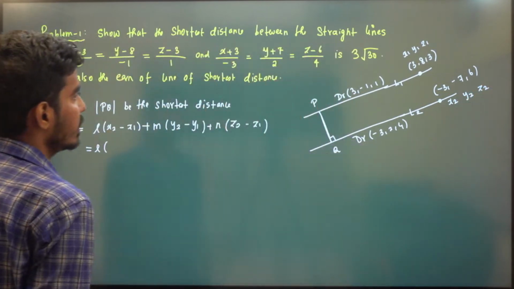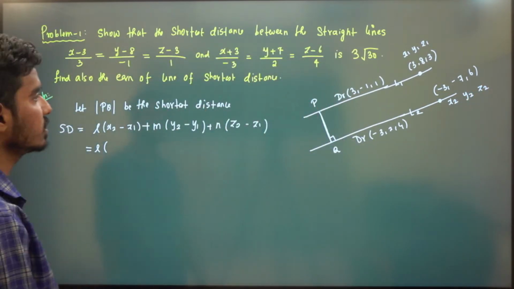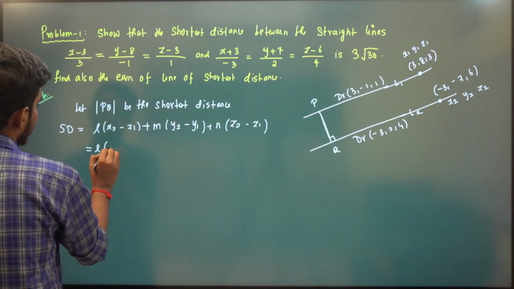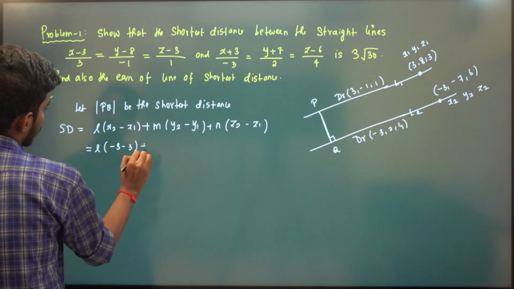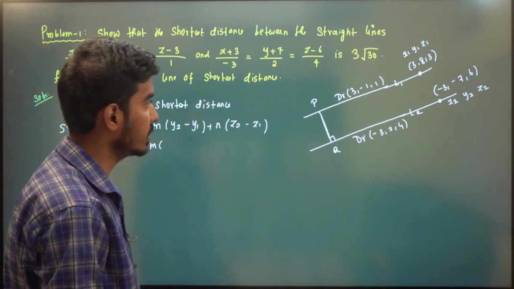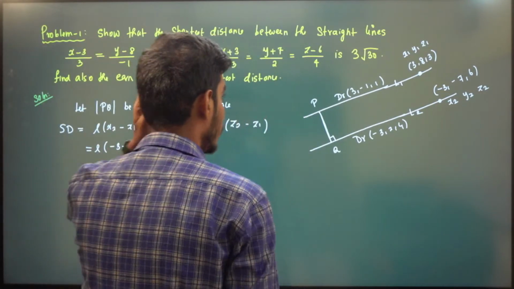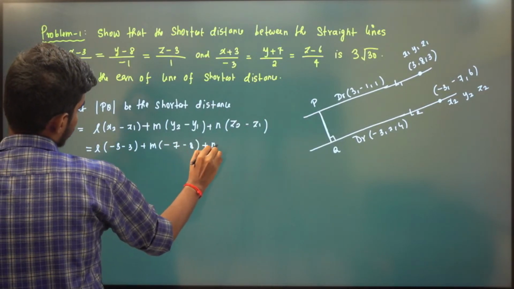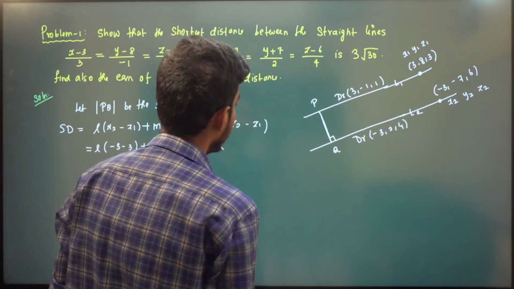So what about x2 minus x1, y2 minus y1, z2 minus z1? It is minus 3 minus 3, minus 7 minus 8, and 6 minus 3.